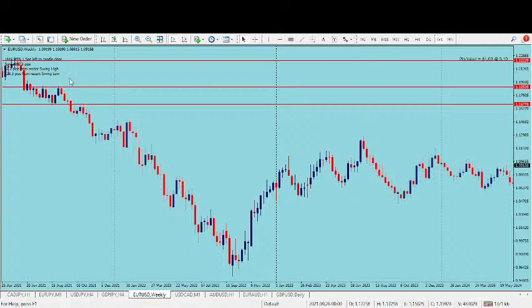Because when a market is trending down, or when we are in a bearish phase, the market will form what we call lower highs and lower lows. So from here now, the market was going down here. When it got here, it moved up here.